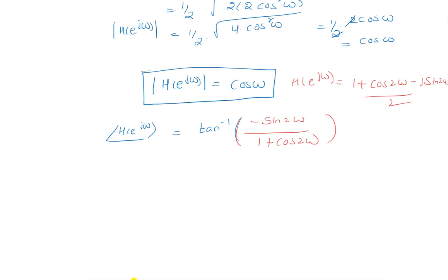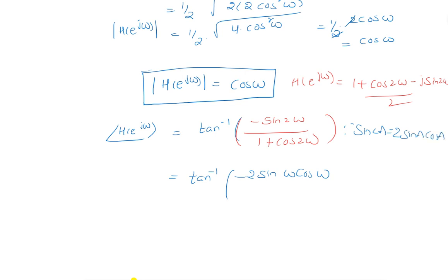Which can be simplified as tan inverse of, so this minus sine 2 omega can be written as minus 2 sine omega cos omega, since sine 2a is equal to 2 sine a cos a.